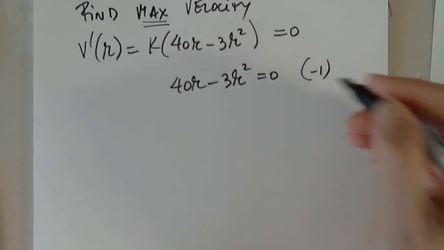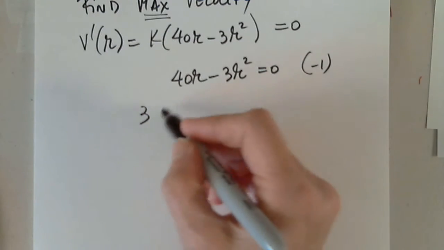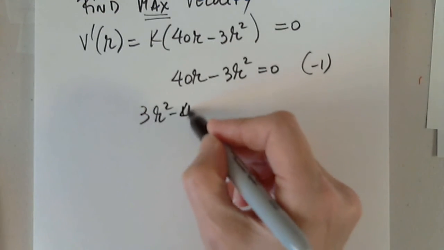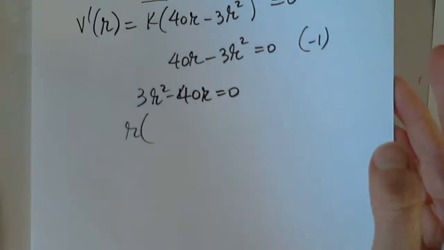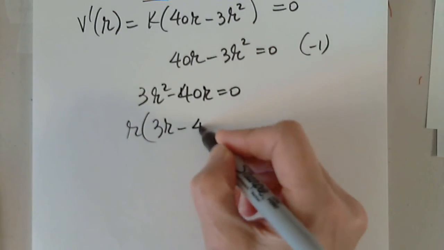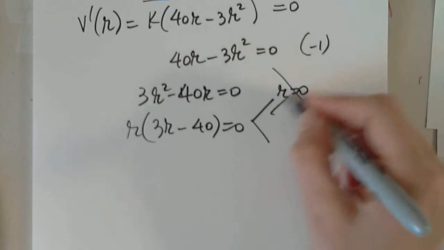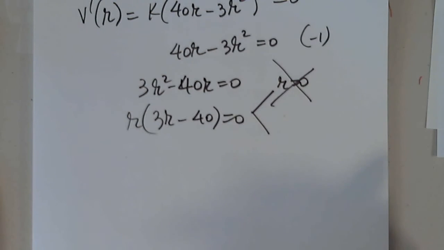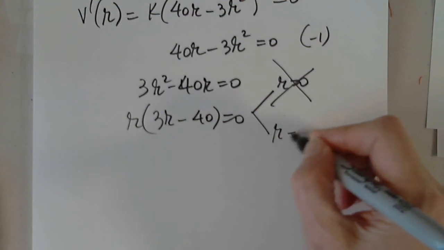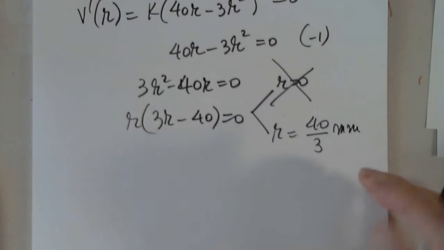I don't solve equations with a negative leading coefficient, but that's me. So 3r squared minus 40r equals 0. I will factor out r, and I get 3r minus 40 equals 0. R equals 0 is not a possibility because we're not talking about nothing in the windpipe. And r equals 40 divided by 3, and this is in millimeters.